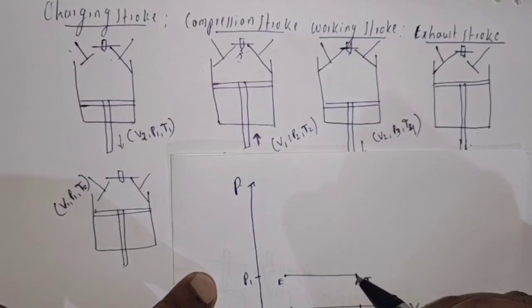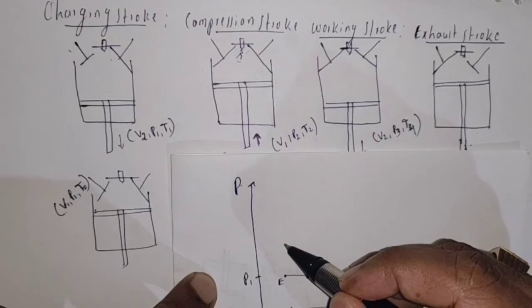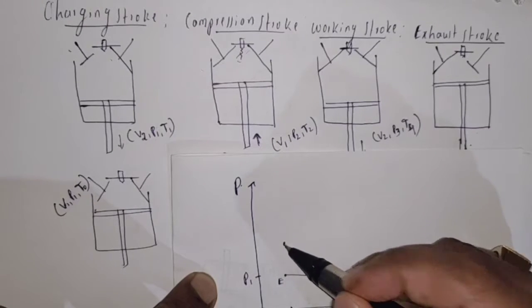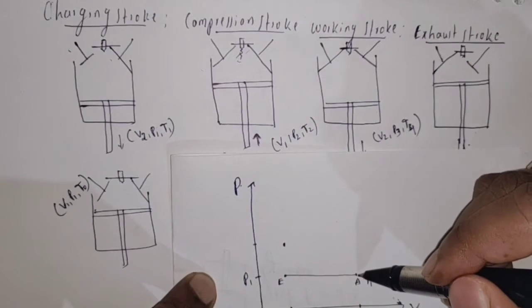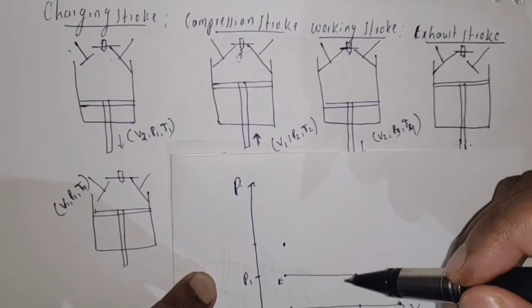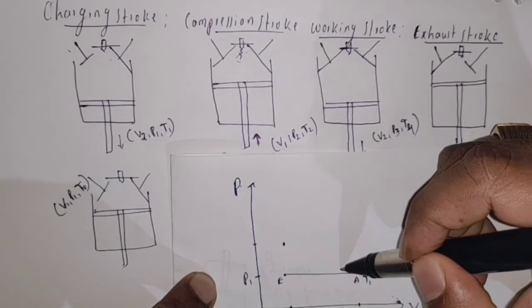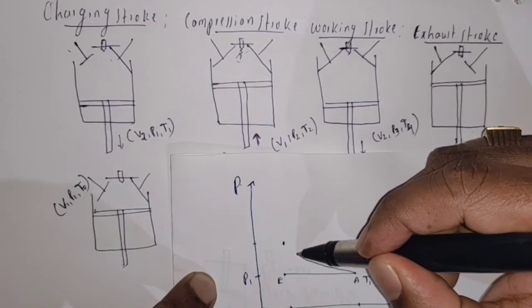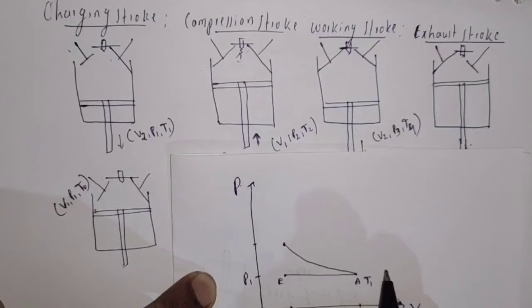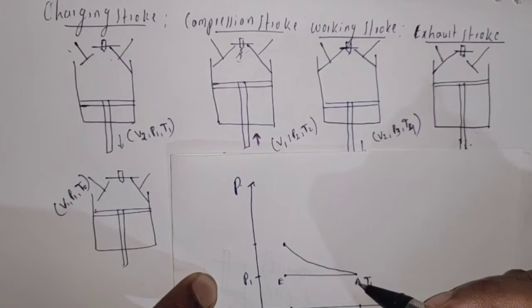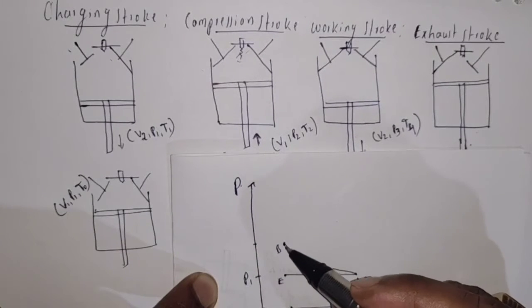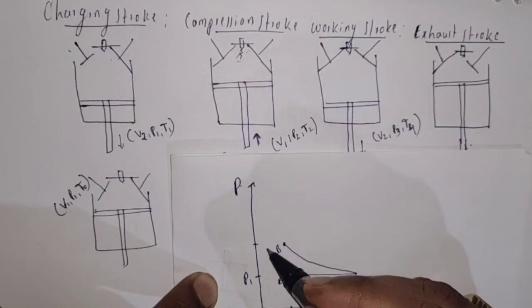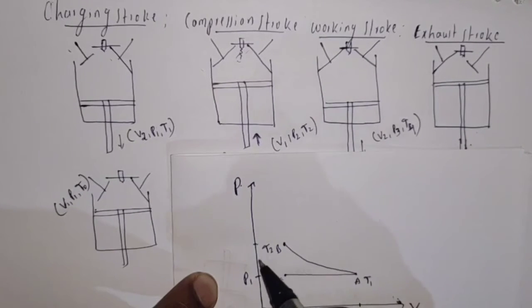Here I am going to represent a decrease in volume but an increase in pressure. In the PV diagram we represent adiabatic compression by AB. Here there is a change in volume, a change in pressure, and a change in temperature, which we denote by T2.